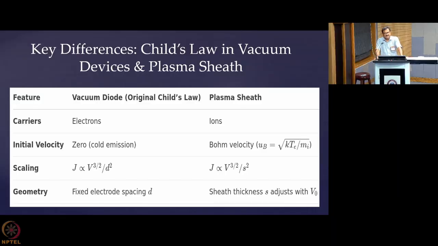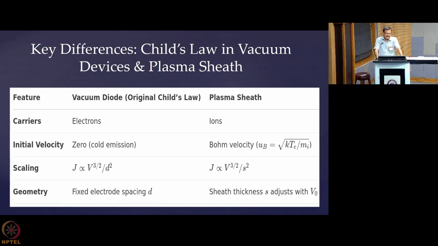So these are key differences for Child's law in vacuum devices and plasma sheaths. Carriers are electrons in vacuum devices, and in plasma sheath they are ions. Initial velocity is 0 for cold emission, but in plasma sheath you have already learned that we need to have a velocity, the Bohm velocity, for the sheath to form, for the sheath to exist.